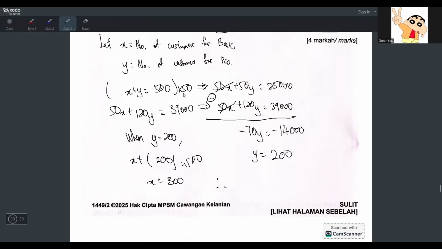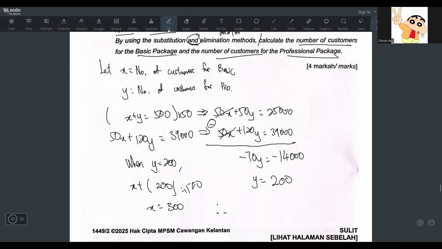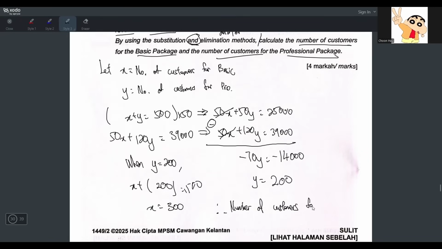So what do X and Y represent? Don't write like that for the final answer, X 300. No, no, no. Don't write that. Because if you read what the question asks for, it is the number of customers for the basic package. So you should write like this: number of customers for basic package, and I remember my basic package number is X, so 300.